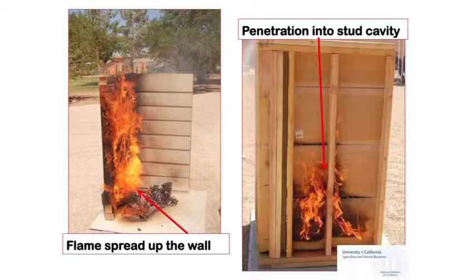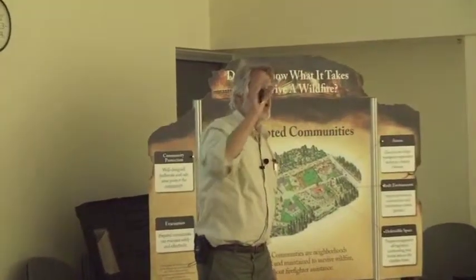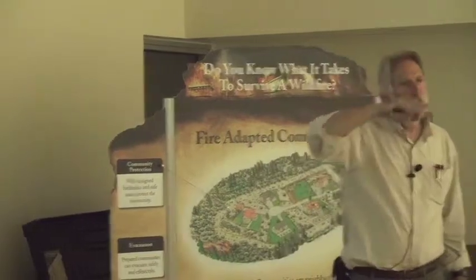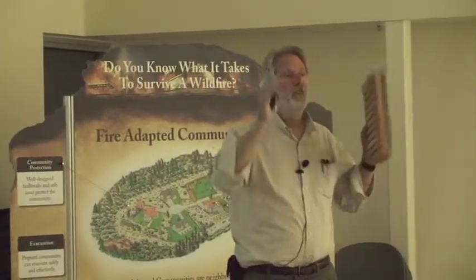So the issue with vertical flame spread up the wall is, even if you don't penetrate at a lap joint, you probably sooner or later will have a window in the way or an eave or a vent in the way. And so vertical flame spread is an issue because of the things that it will eventually see.